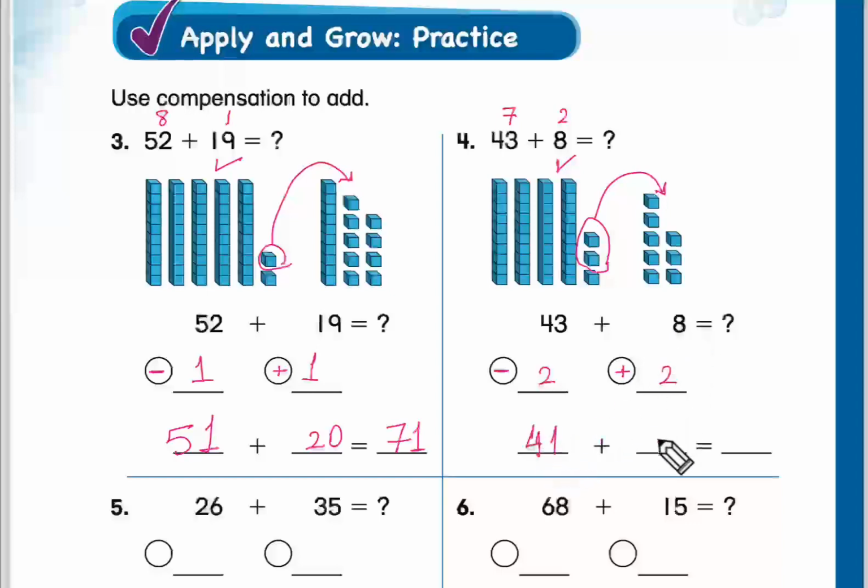And of course 8 plus 2 equals 10. So 41 plus 10 is 51. Yes, thank you, Ali. Great work, my hero. Okay, my heroes, any problems?